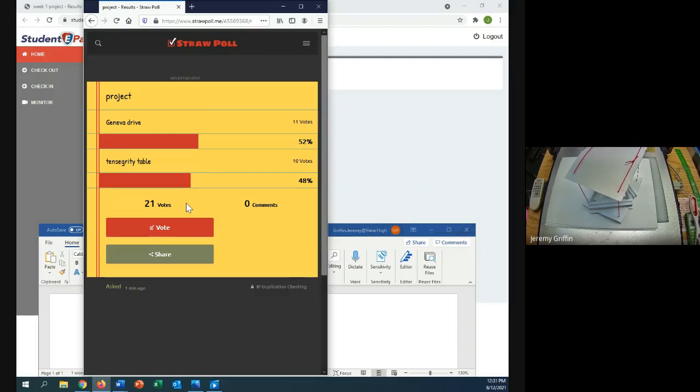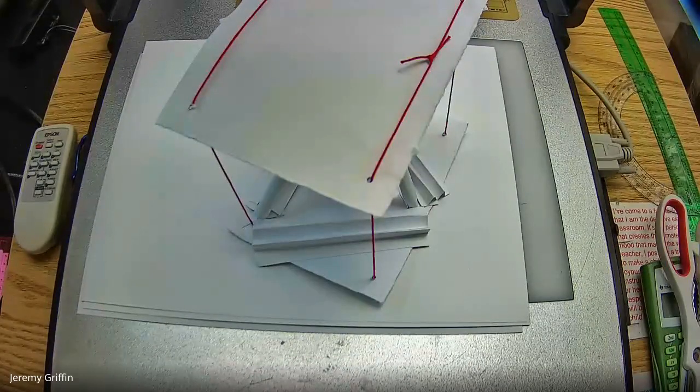Who was trying to vote but had tech problems and couldn't vote? What do you want to do? Okay, so it's still close, but the conclusion is the same. So let's do the Geneva Drive.